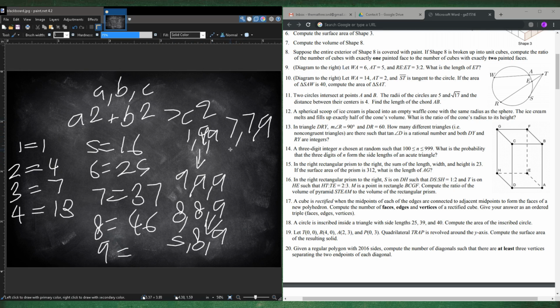So you can only have 7, 7, 9, or 6, 7, 9. And then if it's a 6, that's 81 minus 36, and it has to have a 7. So we can't work with those. So that's the smallest. So there's 8 numbers that have 3, so 8 times 3, plus the 999, which is the extra 1.